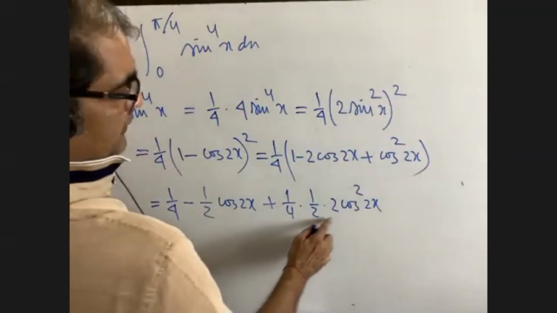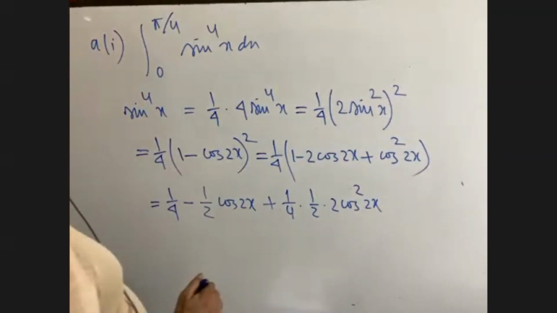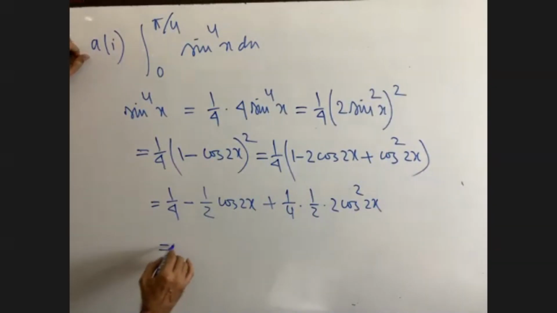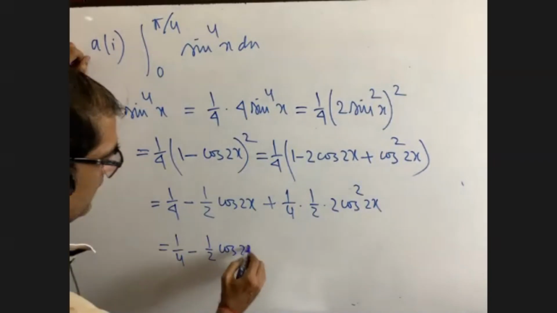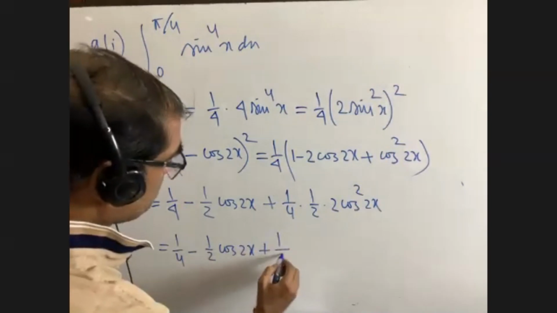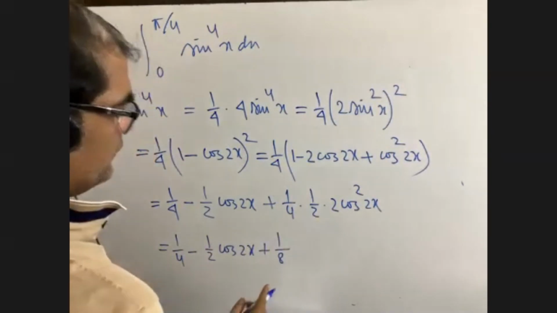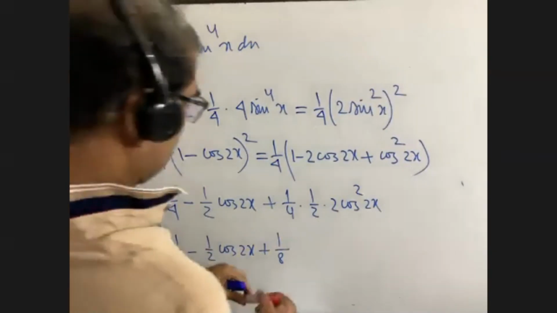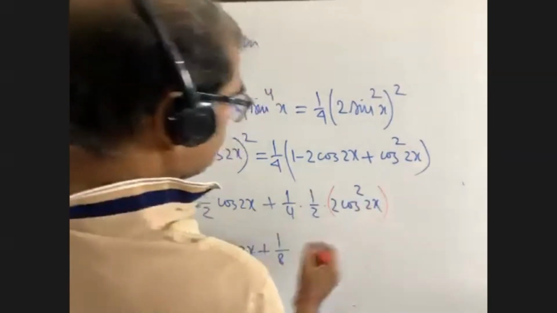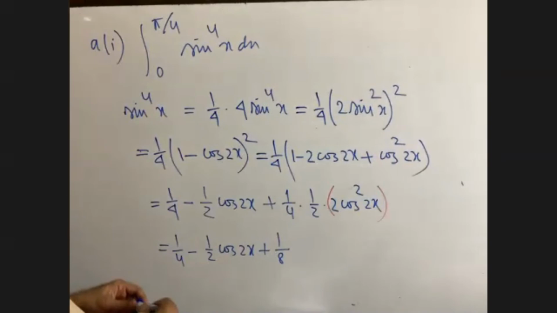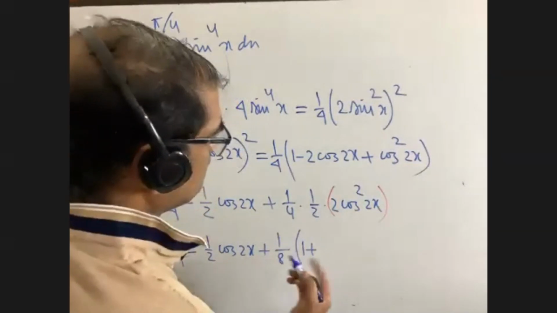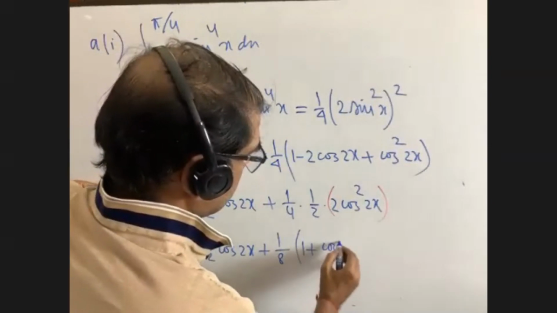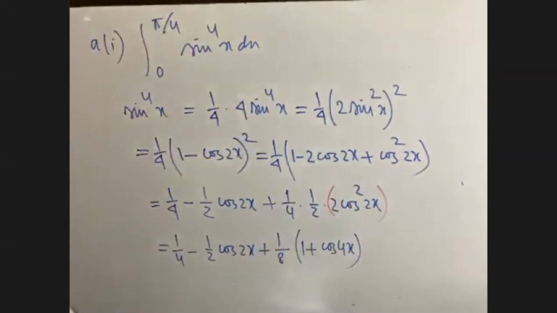I mean, this half and 2 have been taken. Okay, that means 1 by 4 minus half cosine 2x plus 1 by 8. Actually we can keep it in the first bracket. Now 2 cos square 2x, talk to me. 1 plus cos 4x. Very good. 1 plus cos 4x.